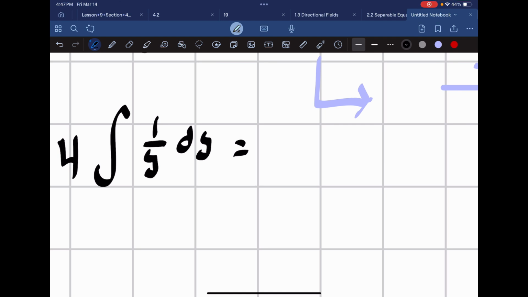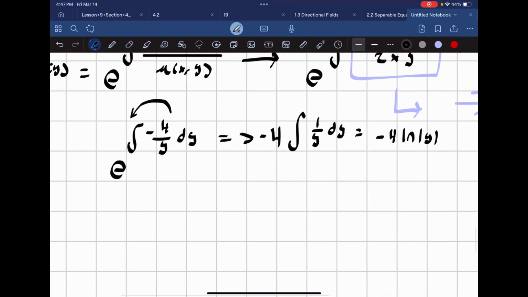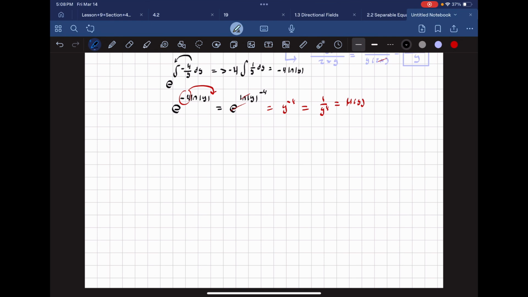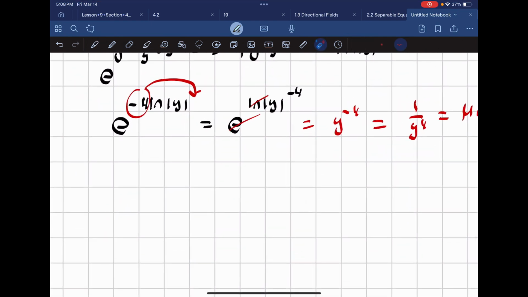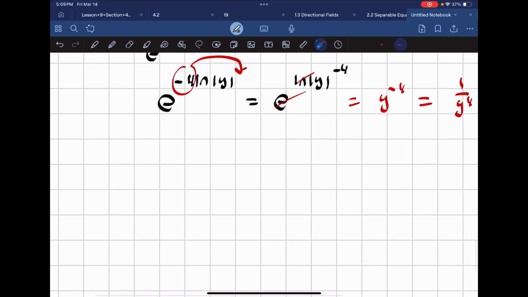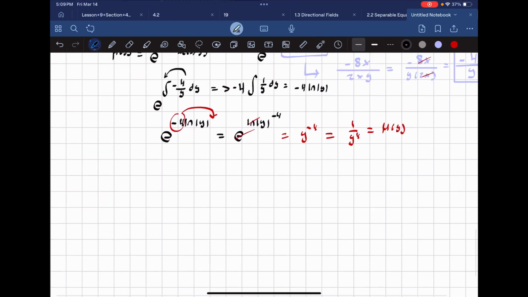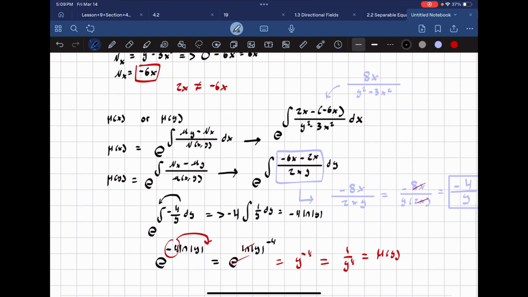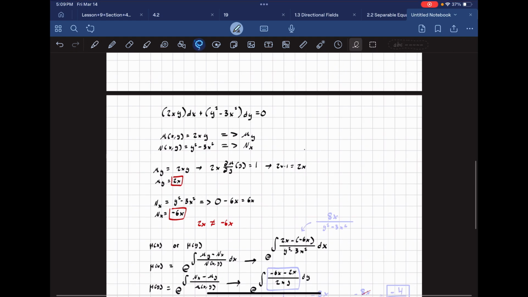So negative 4 natural log of y, and we have an exponent to that, so we have e. I made a mistake on the other video. In the other half portion I was recording, I replaced this with x, but it should be y. Since we got that out of the way, let's use this mu of y and multiply it by our differential equation.